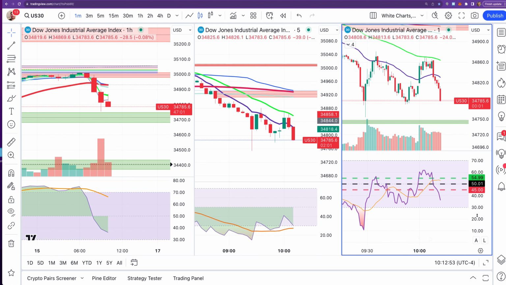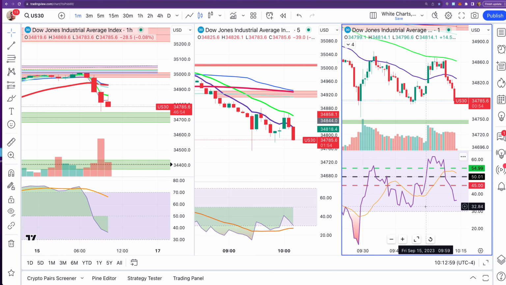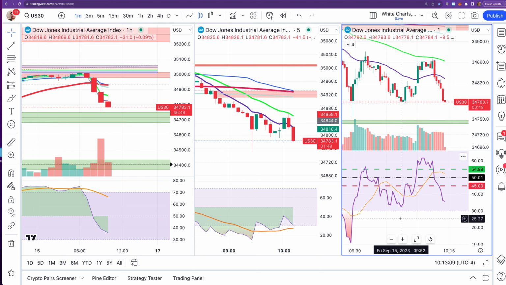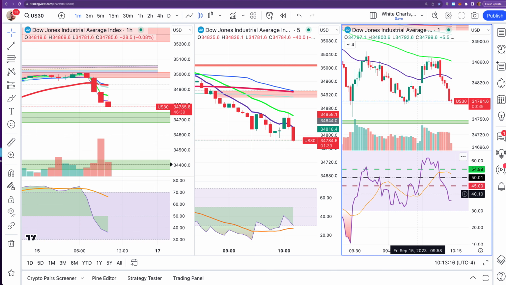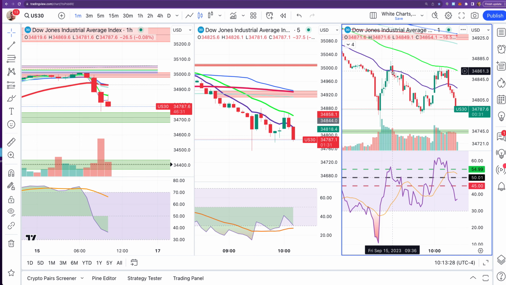RSI nesting. So this purple line is the RSI line, and the orange line is the RSI EMA line. When I say nesting, what I mean is that if you're looking for a push up, it's usually going to be on a backtest. Basically, the indicator nests inside this curvature of the EMA line, just the same way you could say that price nests against the EMA lines, like here are the 8, here are the 20.